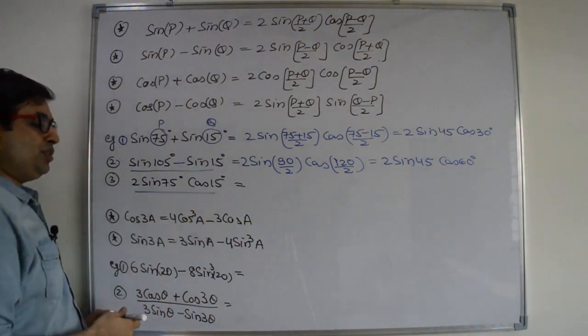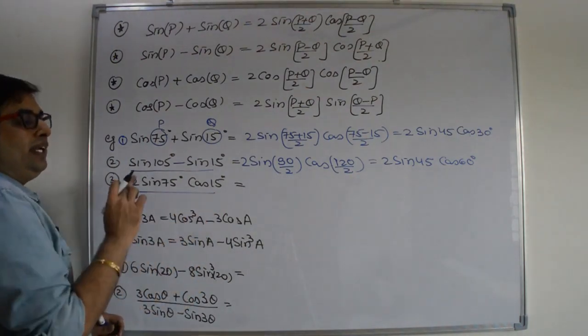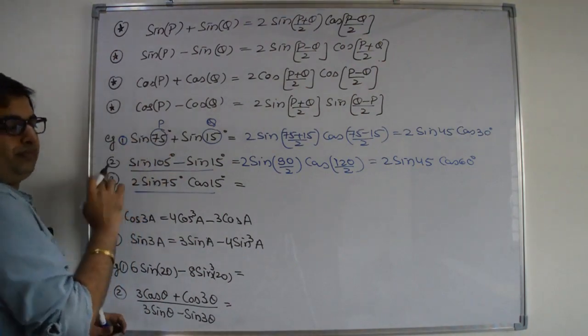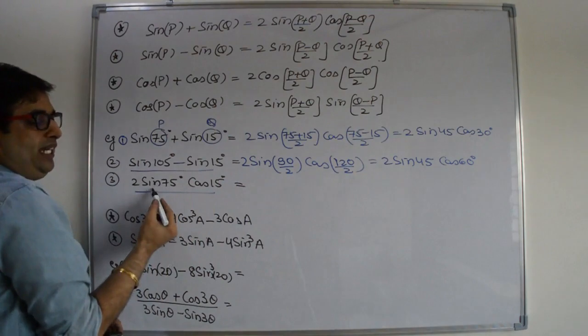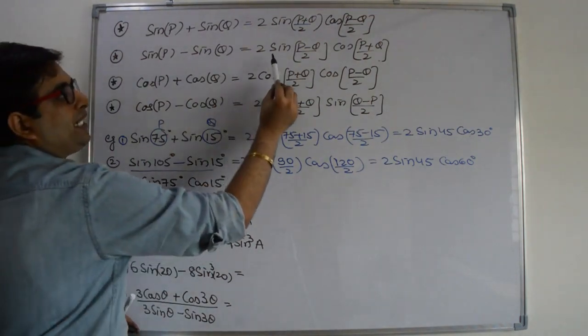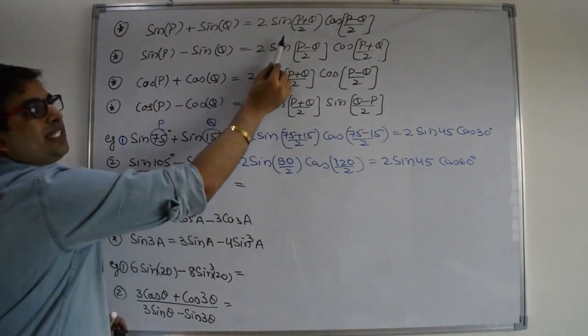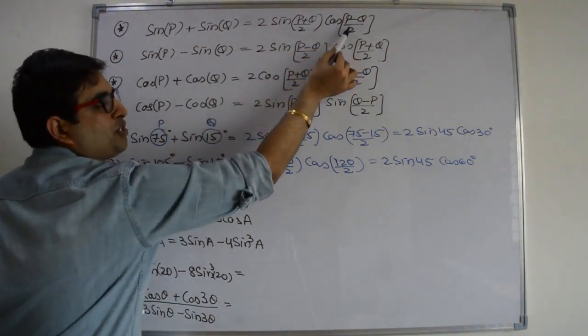Next is 2 sin 45 degree cos 15 degree. Now these two are in multiplication, not in addition like these two. Right? So this is the right side. Sine and cos. Sine and cos. Sine and cos. So we have this type of format. 2 sin (P plus Q) by 2, cos (P minus Q) by 2.